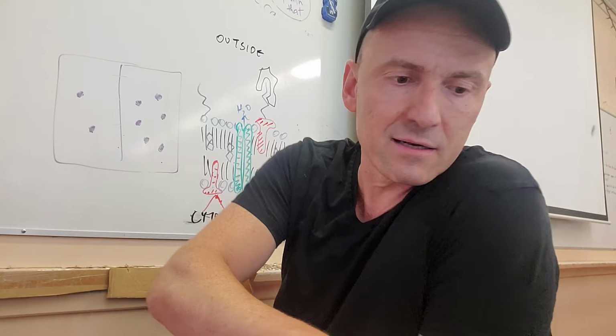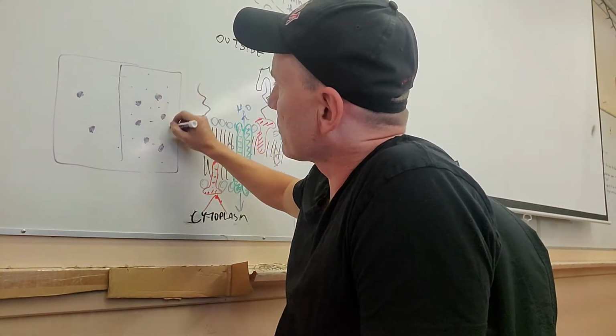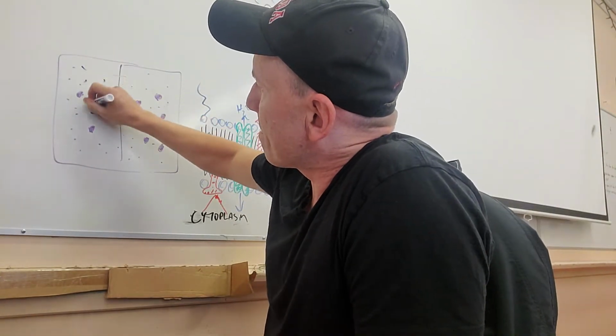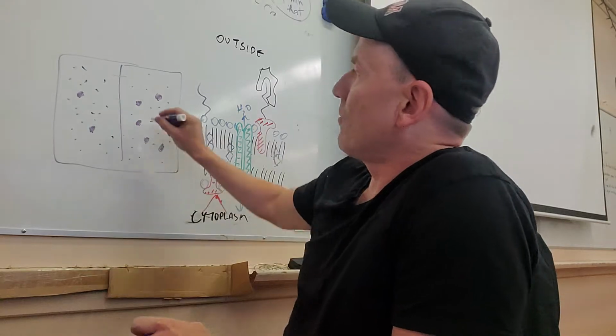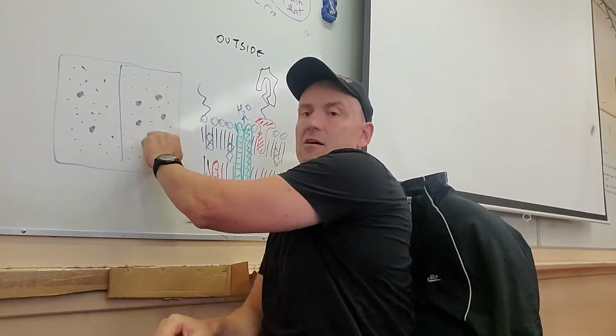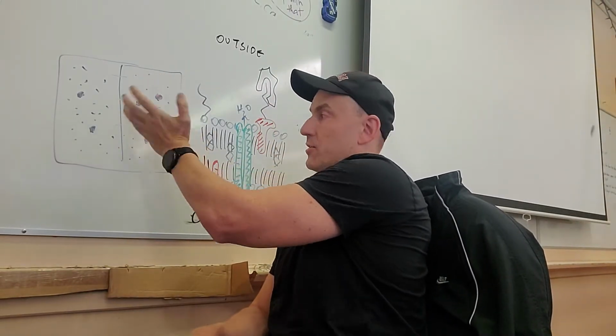So there, and we've got water in here. Let's just make some water particles. Those are the solvent. Okay, so the ratios here are different. There is a greater concentration of solute in here. There's more solute versus water.